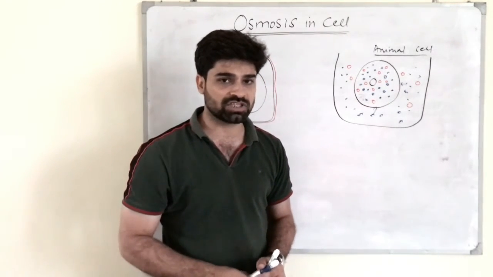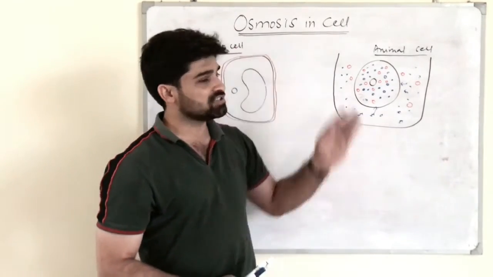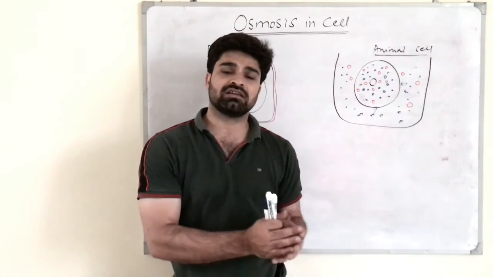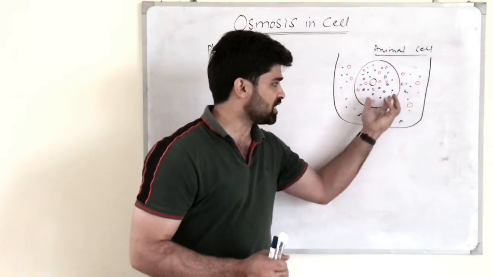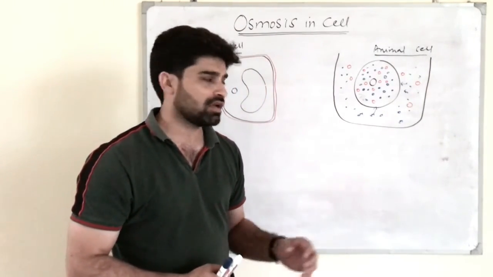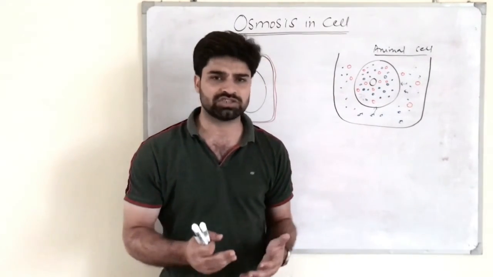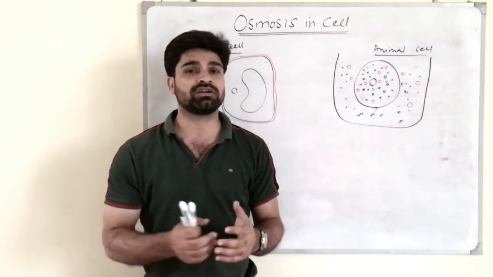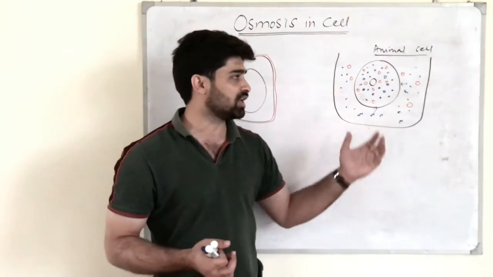I hope you have understood the concept and the idea. Let me recall it for you again. How does osmosis occur in the cell? The cell membrane present around the cell acts as a partially permeable membrane, and through it water can pass, but the solutes or other large molecules cannot pass through.